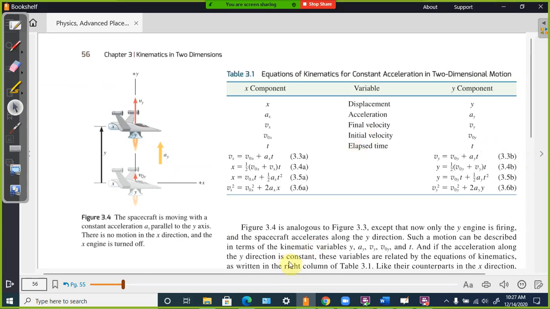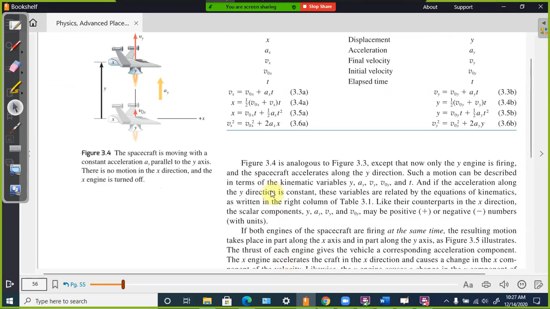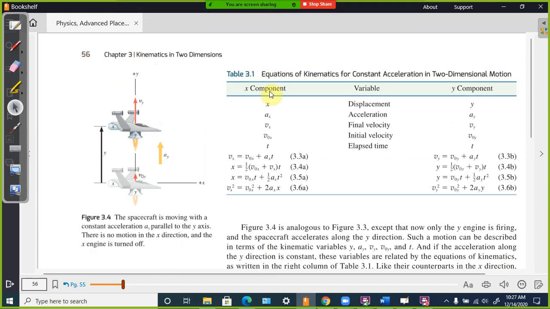So what makes this tricky is now you have to start taking into account two different directions. So what I recommend is always start an X column and a Y column. That way you can keep all of your stuff separate, right? You can keep all your X displacements and accelerations and velocities and all your Y stuff separate, right?